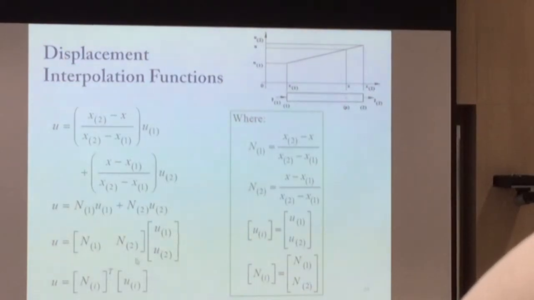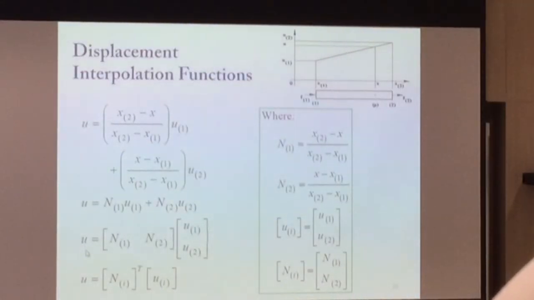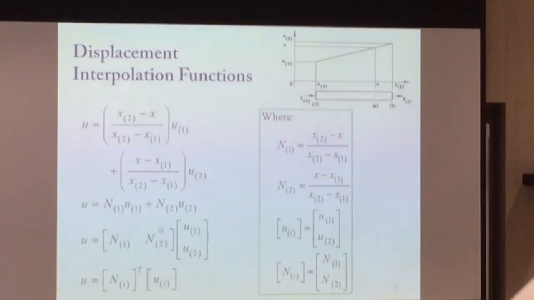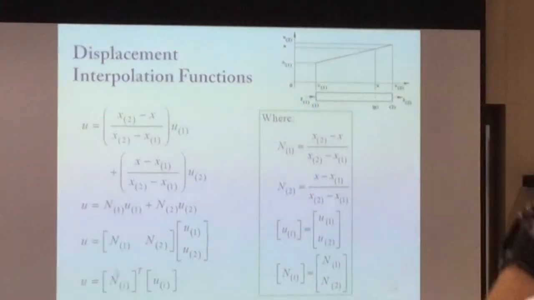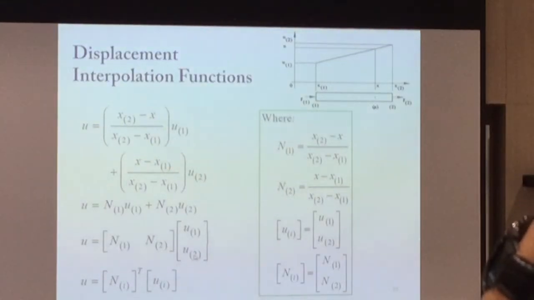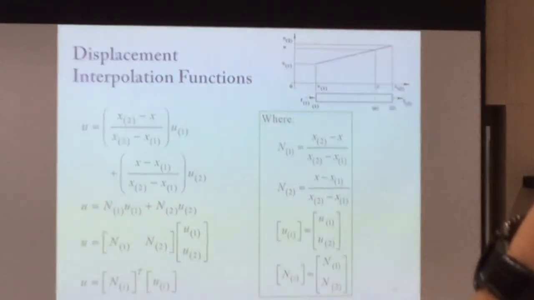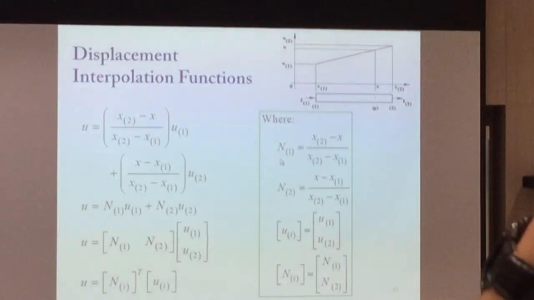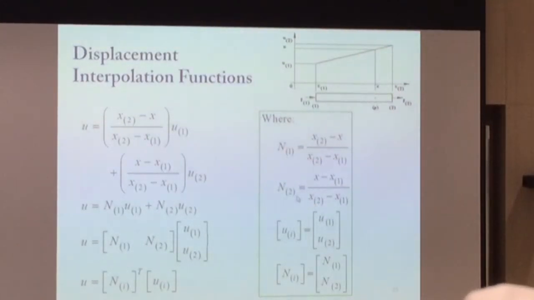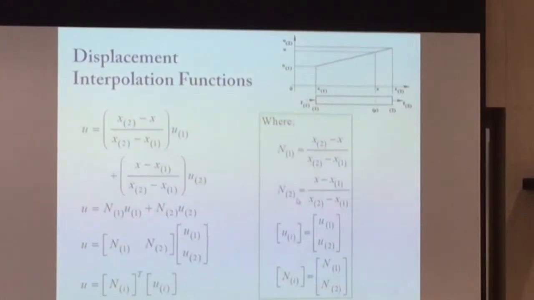If you want to write this in matrix form, u is the transpose of your N matrix, or shape function matrix, multiplied by your displacement vector. So these are your shape functions, N1 and N2.